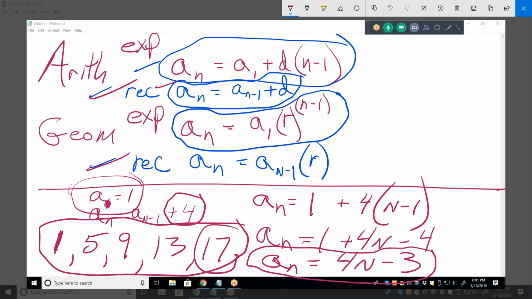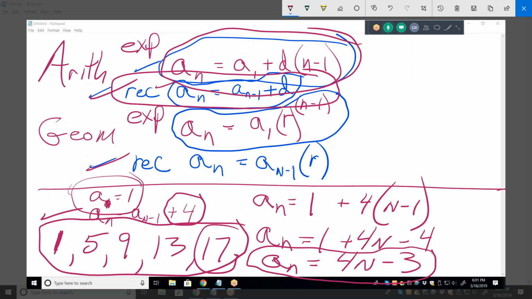But notice, they gave us the recursive definition. So we had to look at this to figure out that from what they gave us, 4 is d. And they also gave us a sub 1, so they gave us everything we needed to write the explicit definition.